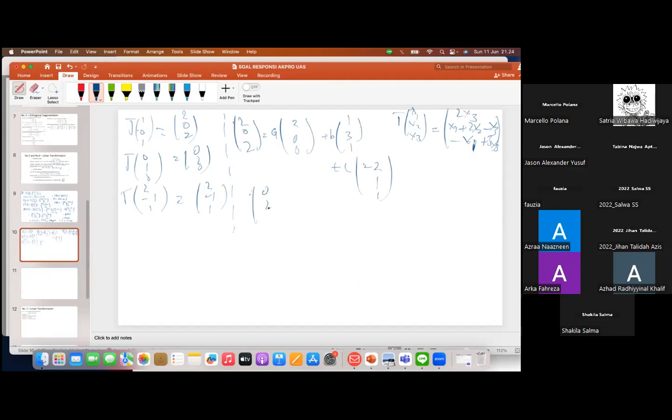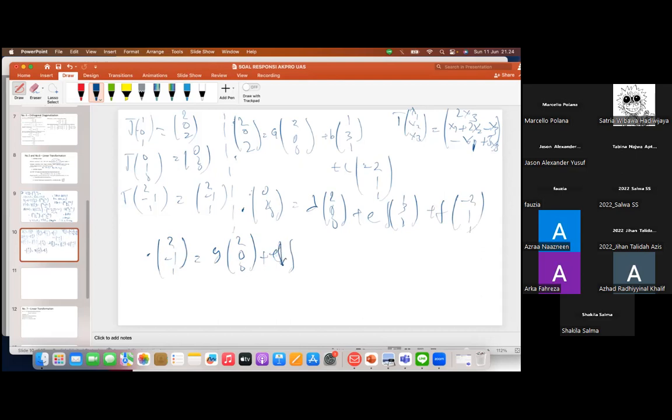Next (0,2,0) equals D(2,0,0) plus E(1,3,1) plus F(-2,1,1), and then (2,-1,1) equals G(2,0,0) plus H(1,3,1) plus I(-2,1,1). Okay, so now this is done.